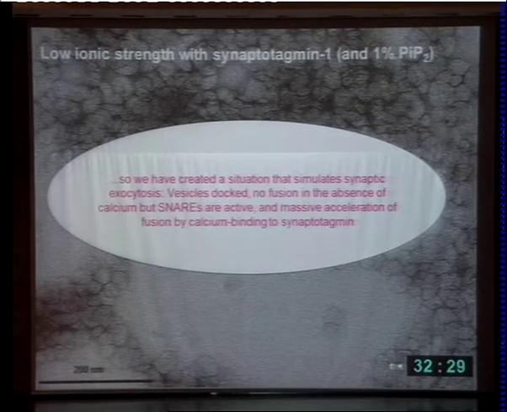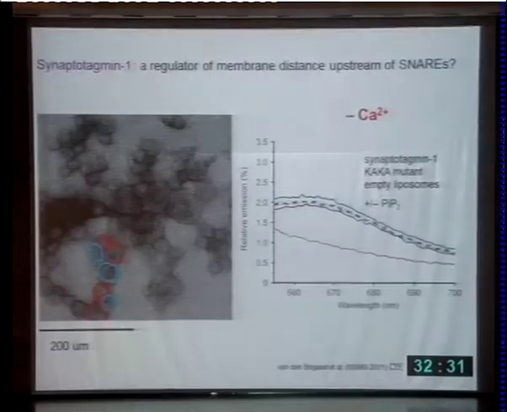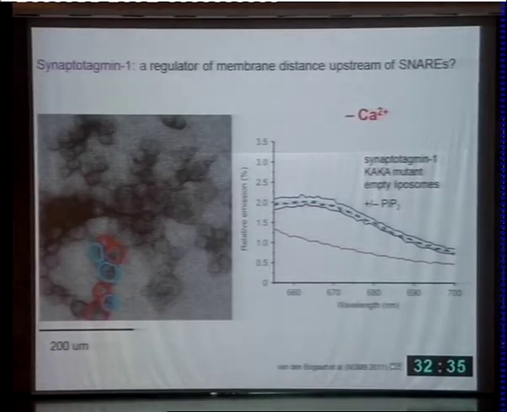Now the idea was that perhaps the membranes are still a little bit too far apart, despite Synaptotagmin linking them, for the snares to see each other. And what Synaptotagmin might be doing is cross-linking the membranes, just pulling them a little bit closer to each other. And I have some support for this view. First of all, we did FRET experiments in which we labeled the lipids of the membranes with different dyes.